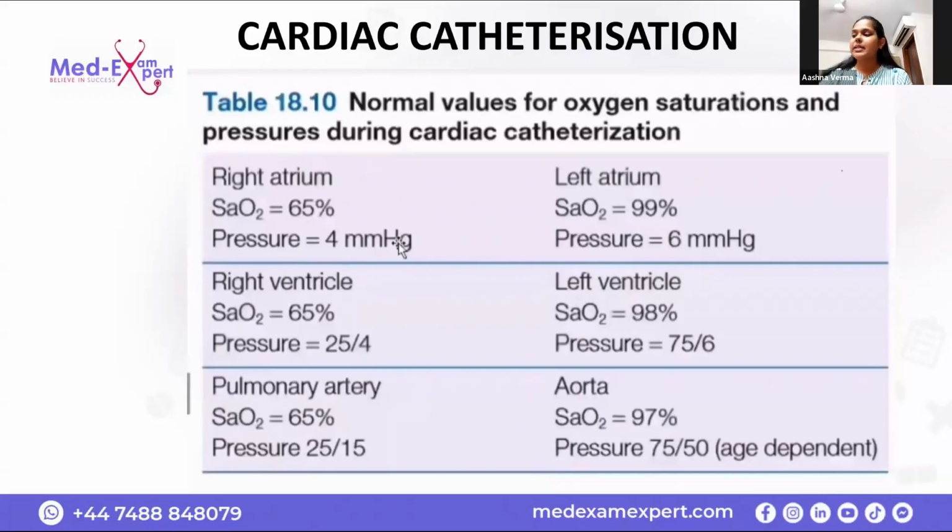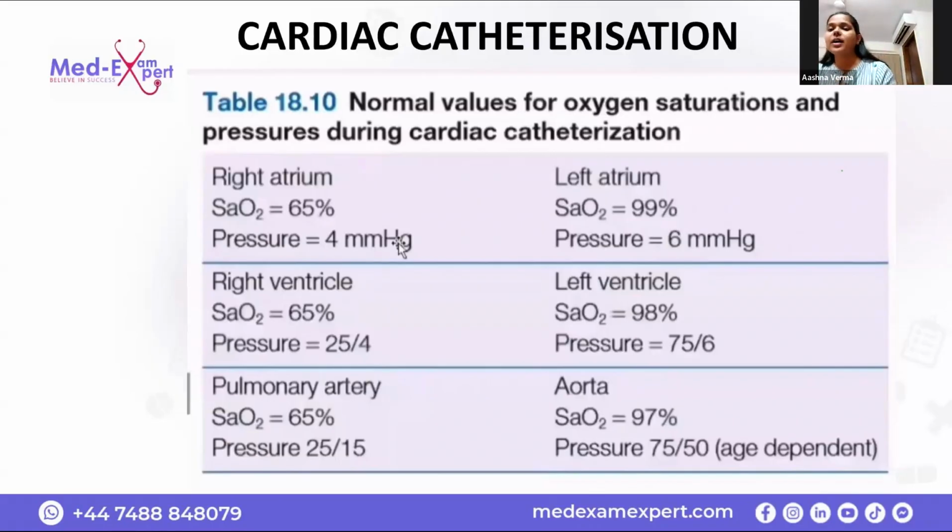You can see here the right atrium has a saturation of 65% in a normal person and a pressure of 40 mmHg. Then the right ventricle has a saturation of 65, which is similar to the right atrium, and the pressure is 25/4 mmHg. The pulmonary artery has the same saturation as the right atrium and right ventricle, but a pressure of 25/15.